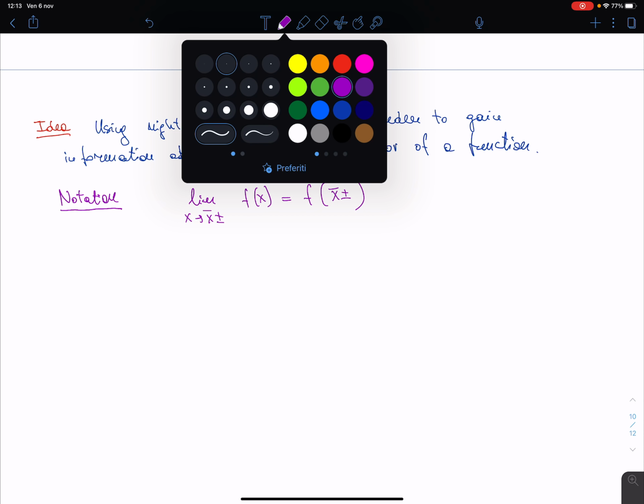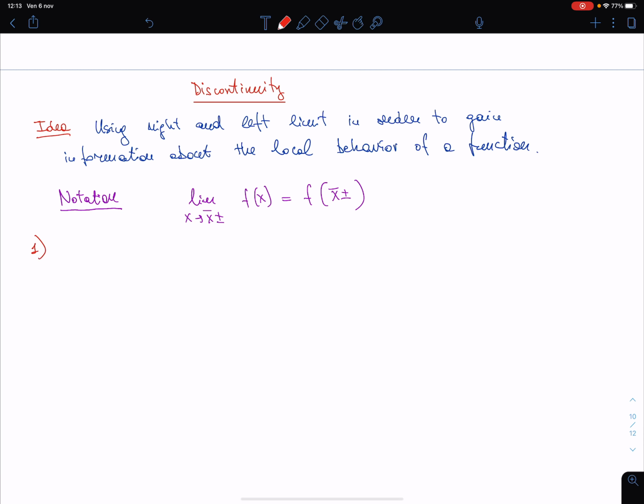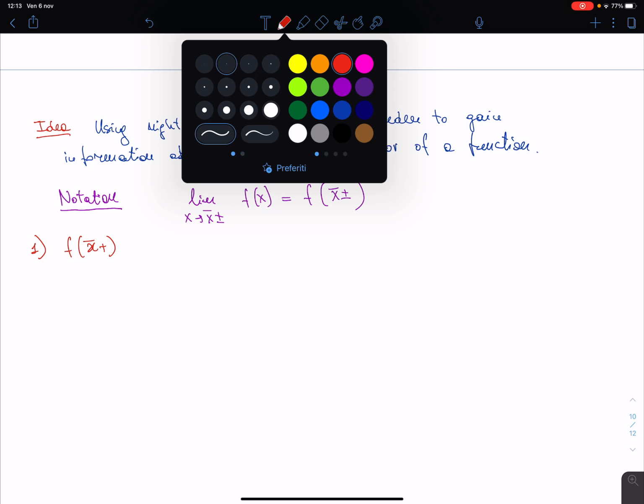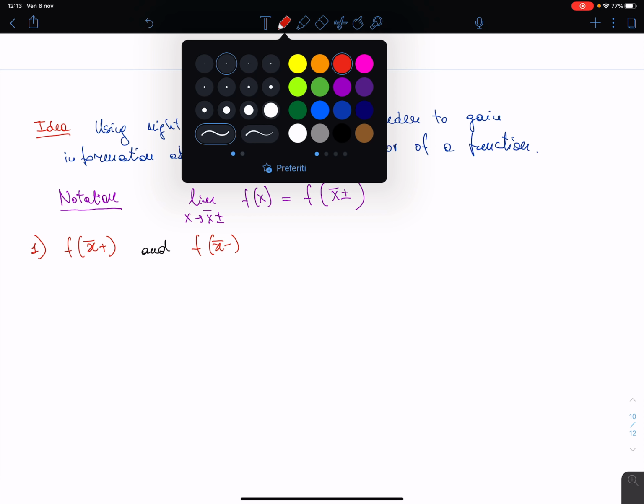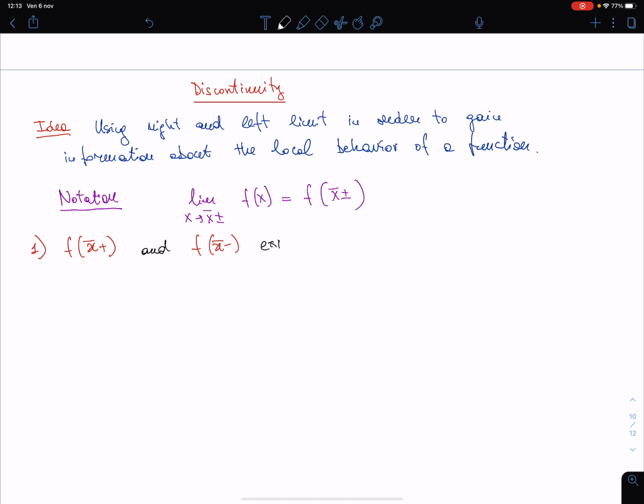Okay, so the first option is that these two quantities, f of x bar plus and f of x bar minus, exist and coincide. And they are real.